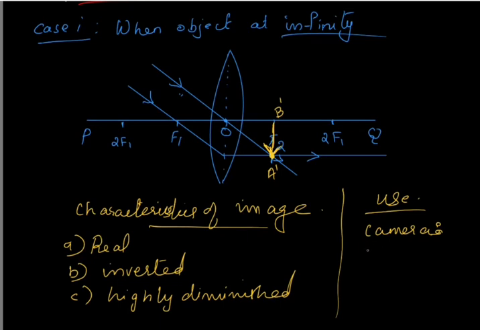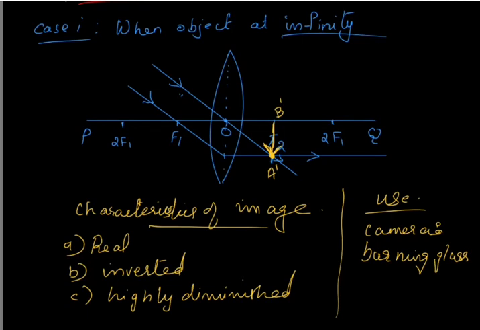Then another use is in a burning glass. Suppose you know the ray from the sun is a ray coming from infinity, and it can be concentrated or converged to a single point at the focus. And if you place any paper or something there for a long time, you will see that the paper will start burning.